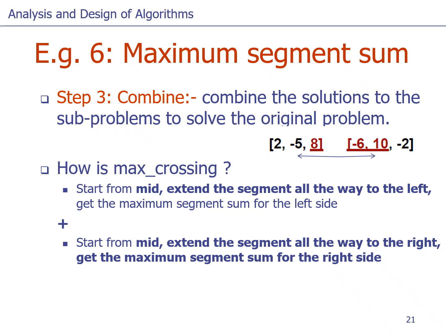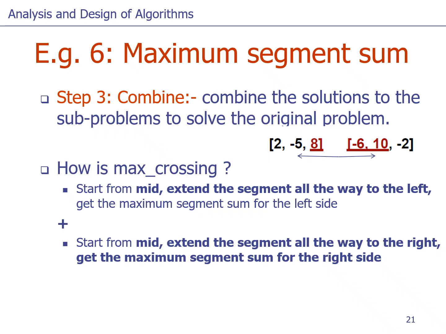But there is another way to do it, and this is really the part that kind of annoys some students. When you're actually calculating the crossing maximum, let's read what I wrote here. It says you start from the mid, extend the segment all the way to the left, and get the maximum segment sum for the left side.